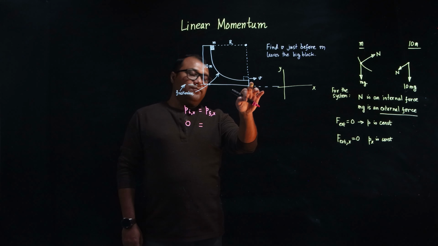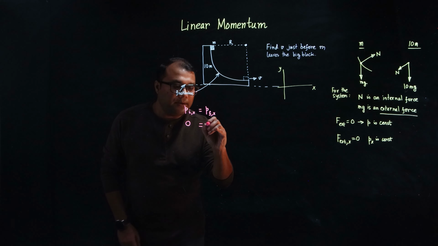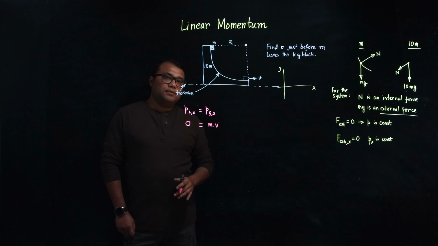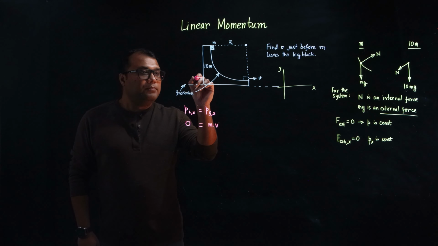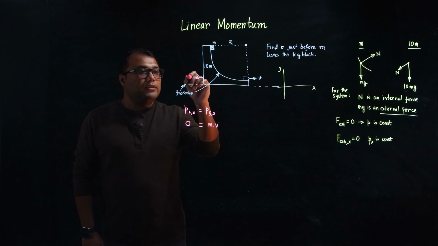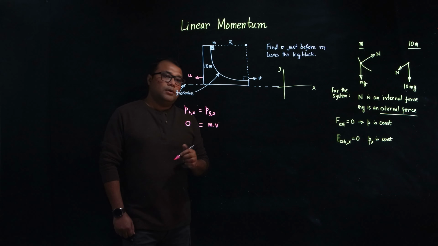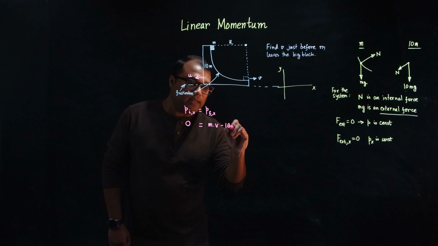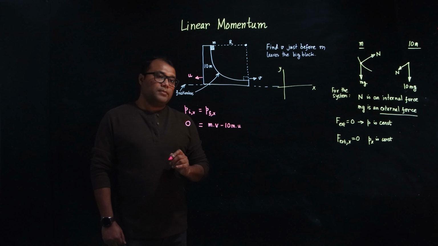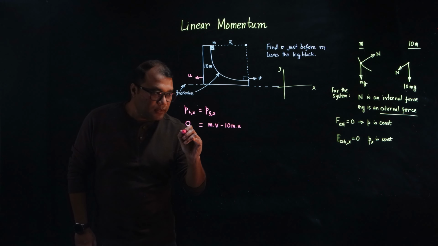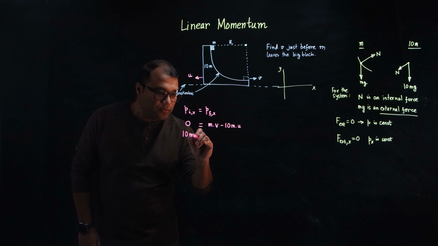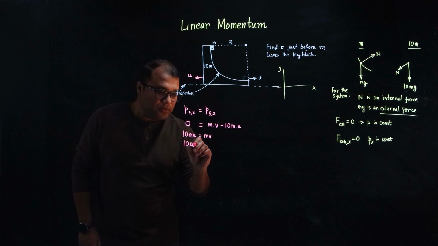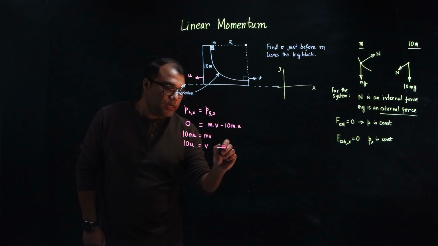Now when it leaves the block here, small m has a velocity v in the positive direction, and let's say this 10m will go back with a velocity, let's say u, in the opposite direction. So this will be minus 10m times u. So we get one equation here, 10mu equals mv. We can eliminate the m's. So 10u equals v.